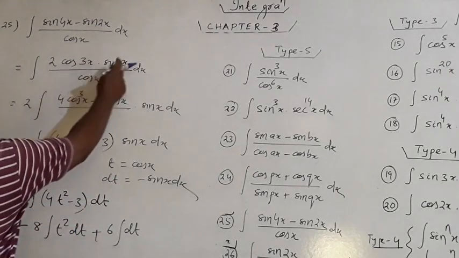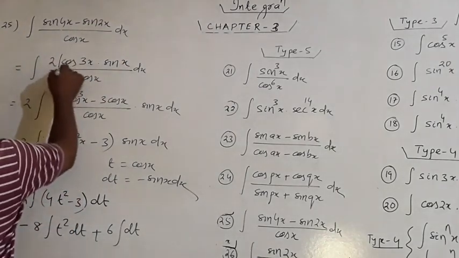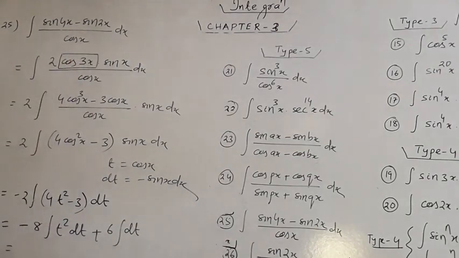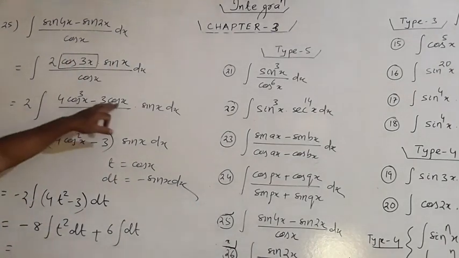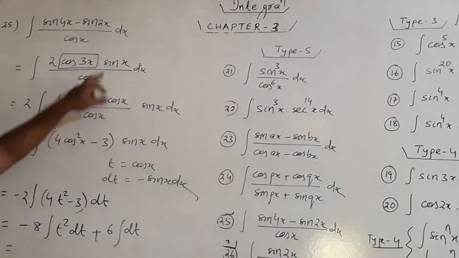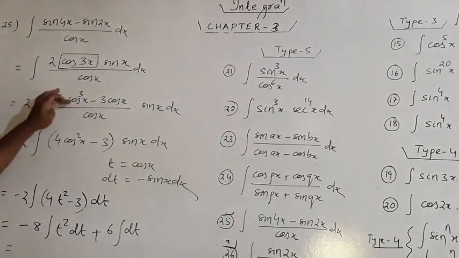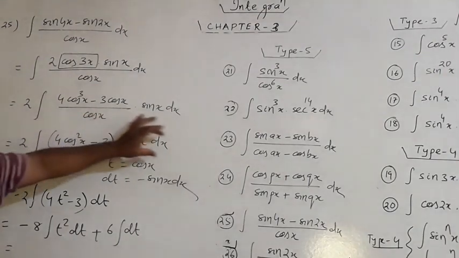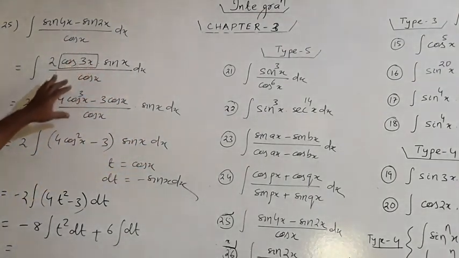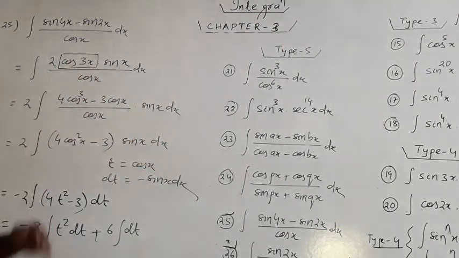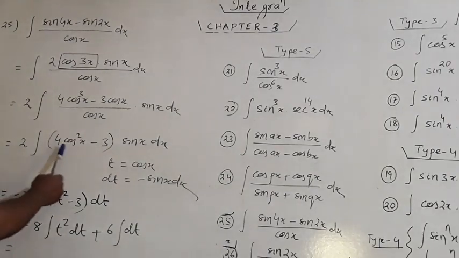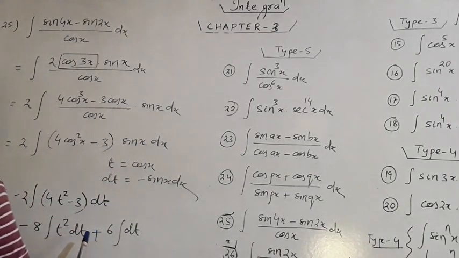It is 3x. Everything in x. So put here the formula of cos 3x. That is 4 cos cube x minus 3 cos x by cos x into sin x. Then divide each part. It becomes everything in x. Here 3x. You have to convert everything to x. It becomes 4 cos square x minus 3 whole into sin x dx.